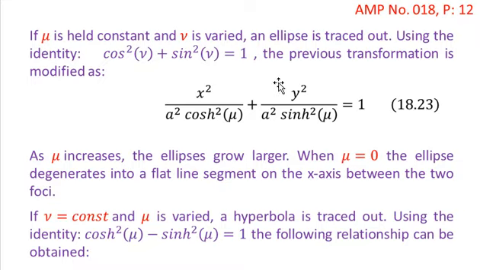So this will be the equation under the condition that mu is constant and nu is varied. As mu increases, the ellipse grows larger. When mu is equal to 0, the ellipse degenerates into a flat segment on the x-axis between the two foci.